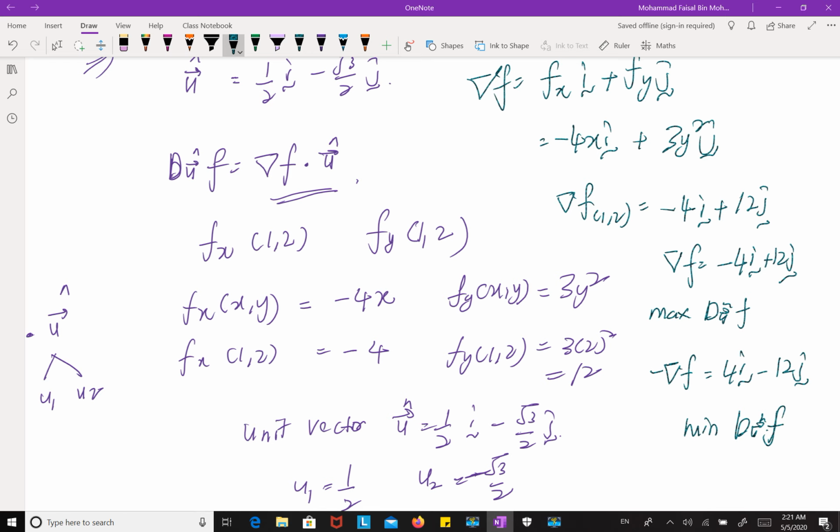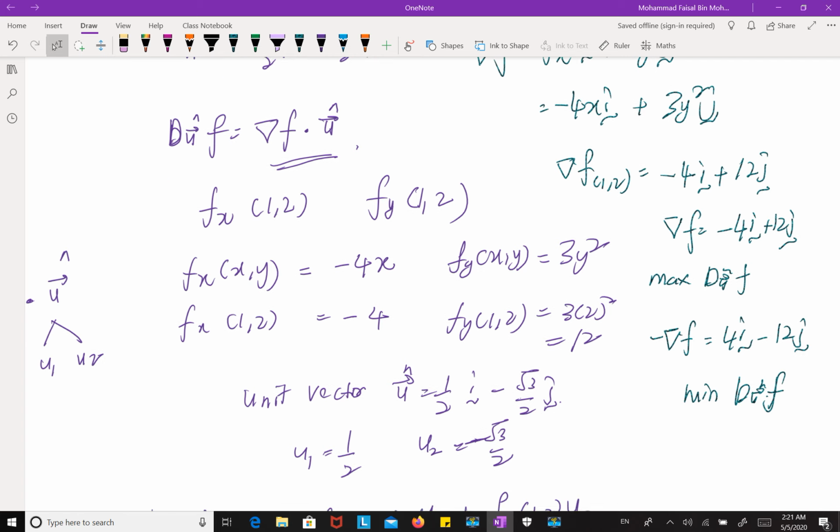And then the second question, what is the magnitude of this maximum and minimum? It is just to find the magnitude of the maximum and minimum. As I said here, positive nabla f will be the maximum, negative nabla f will be the minimum.